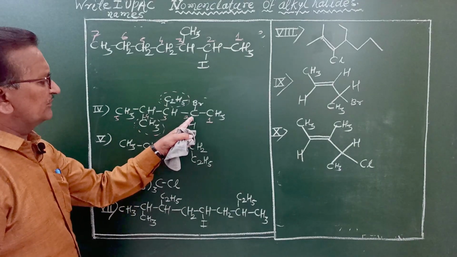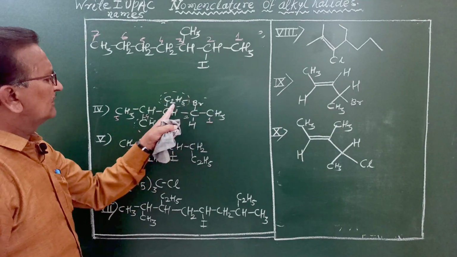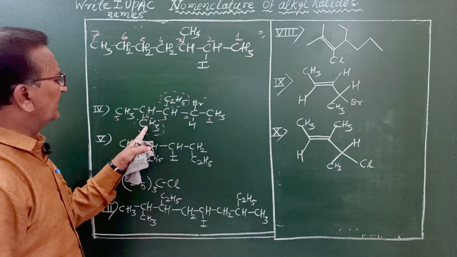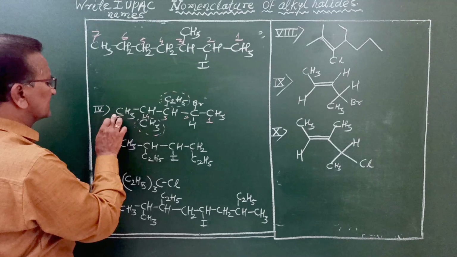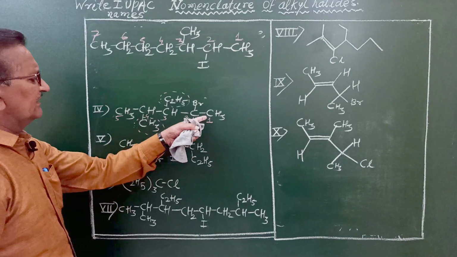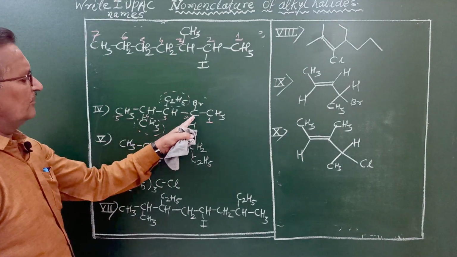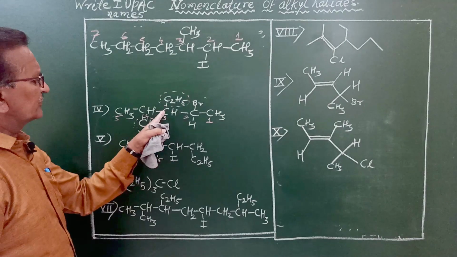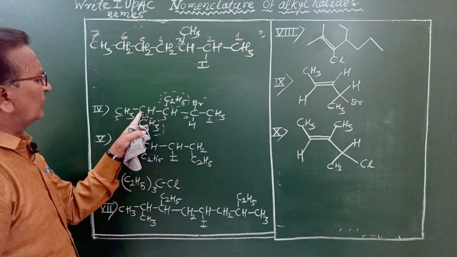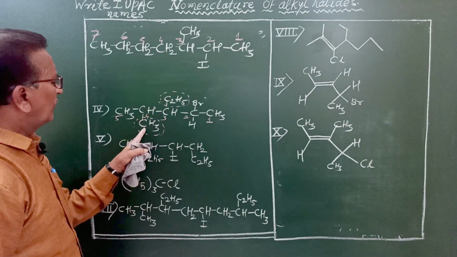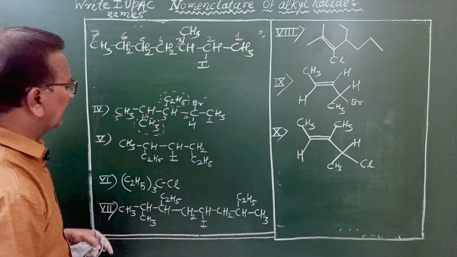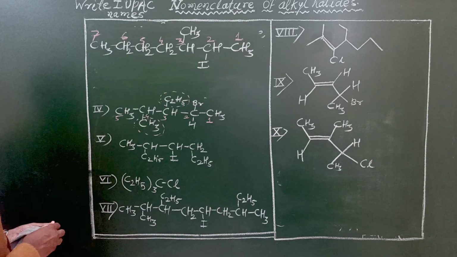Therefore, what is the complete name of this compound? 2-bromo, 3-ethyl, 4-methyl pentane. Since there are 5 carbon atoms in the longest continuous chain, the parent alkane is pentane. Position of bromine atom 2. Positions of branches 3 and 4. 2-bromo, 3-ethyl, 4-methyl pentane.